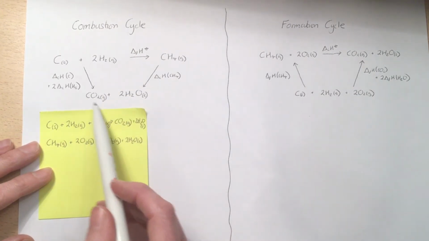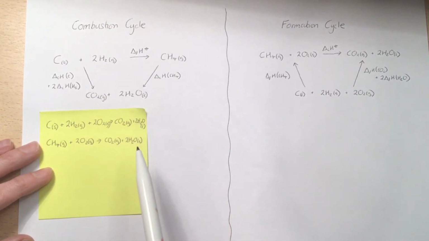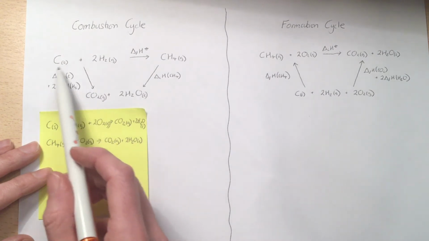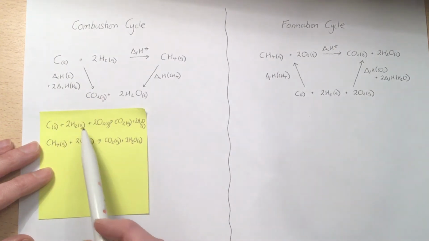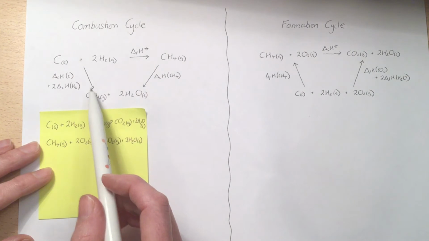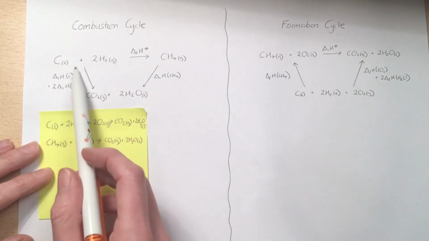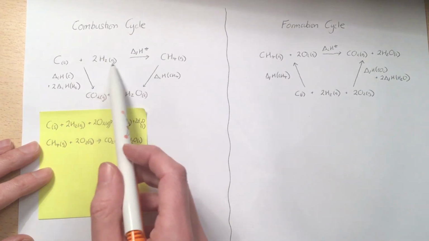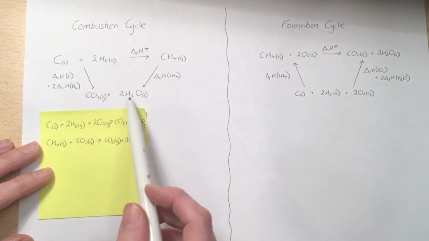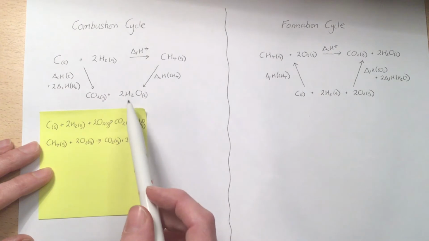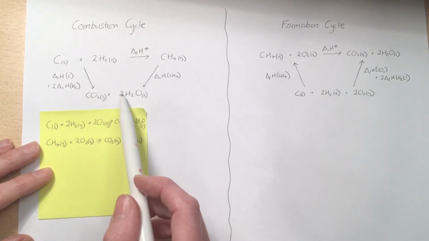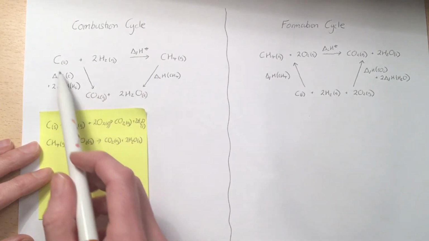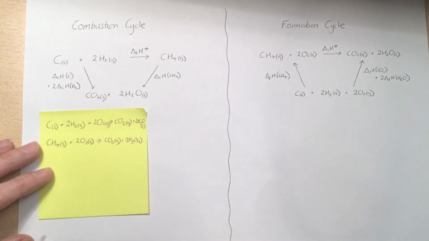The reason that we balance them at the bottom is because when we're thinking about what enthalpy changes are involved, in this reaction here, we've got the enthalpy change for one carbon plus the enthalpy change for two hydrogens. So it's worth balancing them at the bottom, just to remind you that you need two for the hydrogen and only one for the carbon.